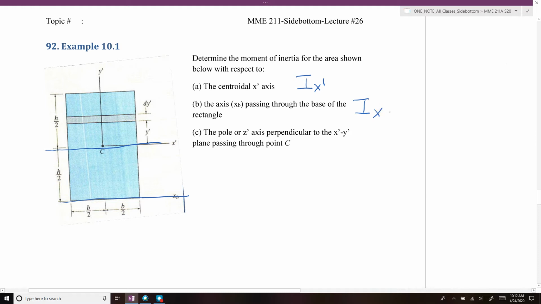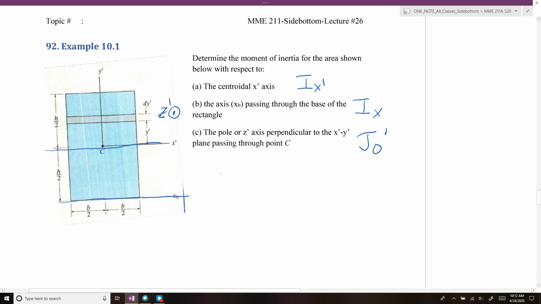And for the last part of the problem, we're going to determine the moment of inertia about the z prime axis, which is coming out of our page here. We'll call that J O prime. So those are our three variables that we're trying to solve for. We'll just go one by one and define it.